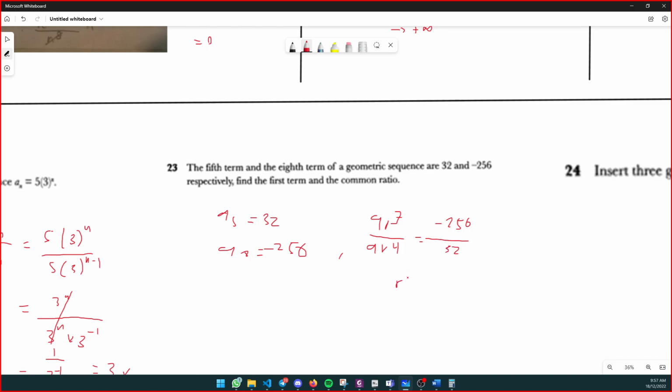So it's R^3 equals negative 8. Yeah, should get negative 8. Then R equals negative 2. Then A times negative 2 to the power 4 is 32, and A will equal, yeah, it should be 2.